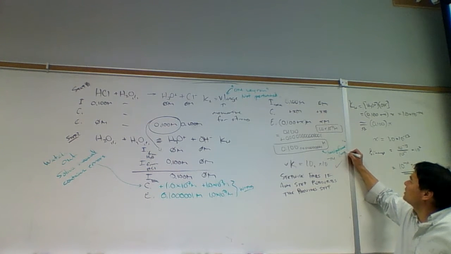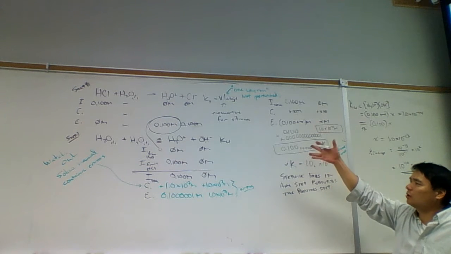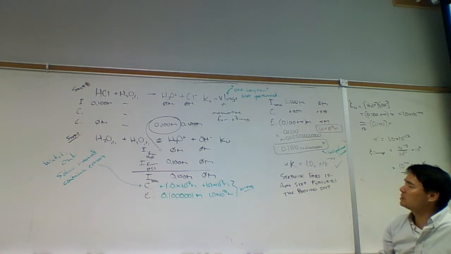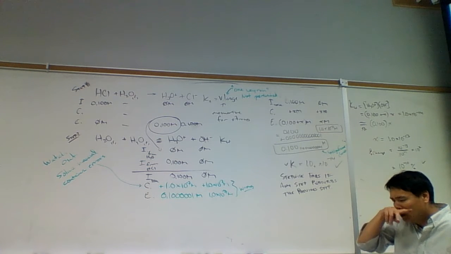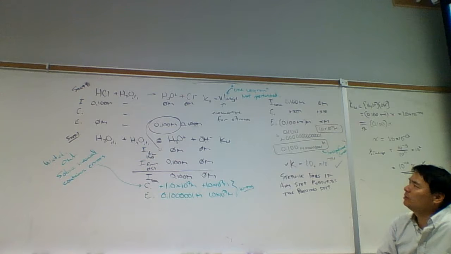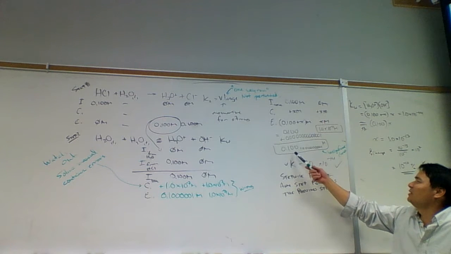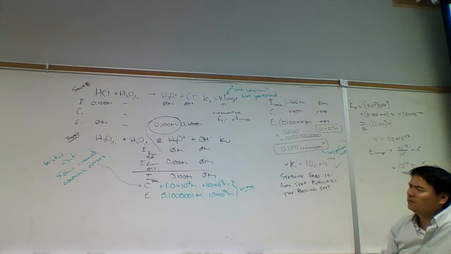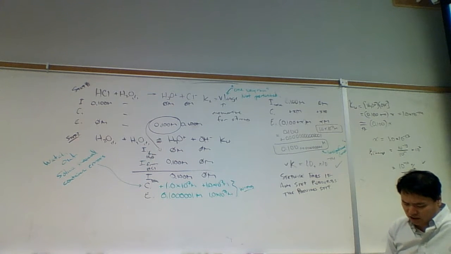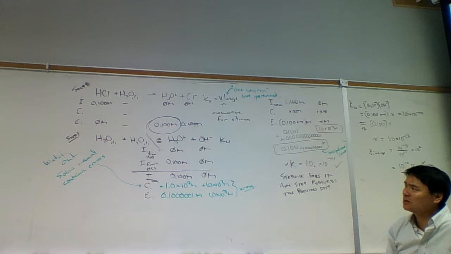Even if it was a significant change, I still wouldn't have to worry because I know that K is very large in step 1 and it won't be perturbed. So I could have gone from 0.1 molar to 1 molar, a 10-fold increase in concentration, and still nothing would happen. But here, this is going from 0.1 to 0.1001. So barely anything changed. So it's an insignificant or negligible change, which means it won't perturb step 1 either.